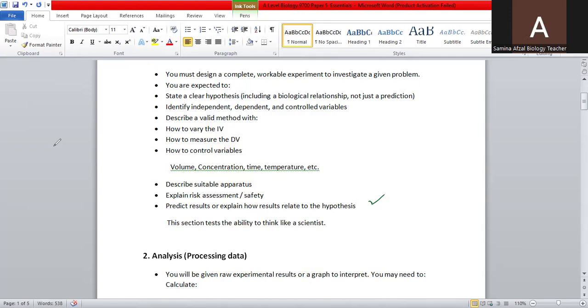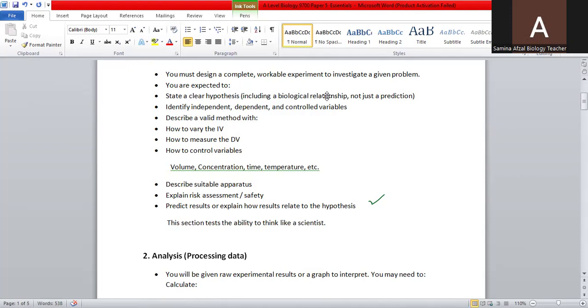You have to think that you are a scientist planning that investigation: how to control the variables, how to predict the hypothesis, how to manage the independent variable, how to set up the apparatus, and the use of different chemicals for that investigation. You must know all these things. All this is called the planning of an investigation or experiment.